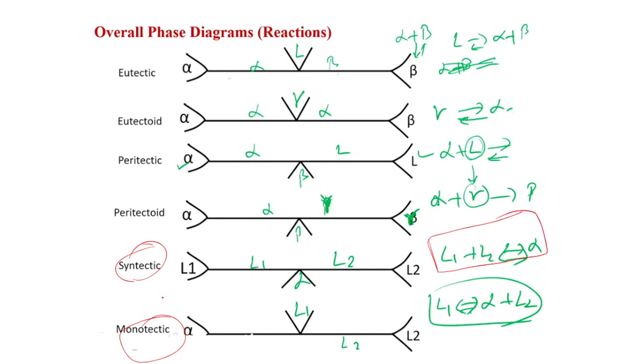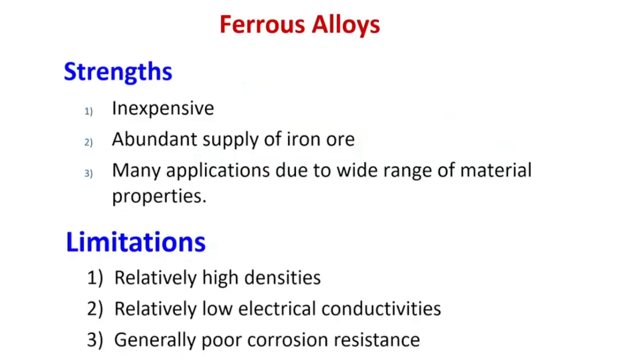Monotectic means one liquid turning into one solid phase and another liquid phase. So these are the various phase diagram reactions, and this can possibly be asked in a match the following.